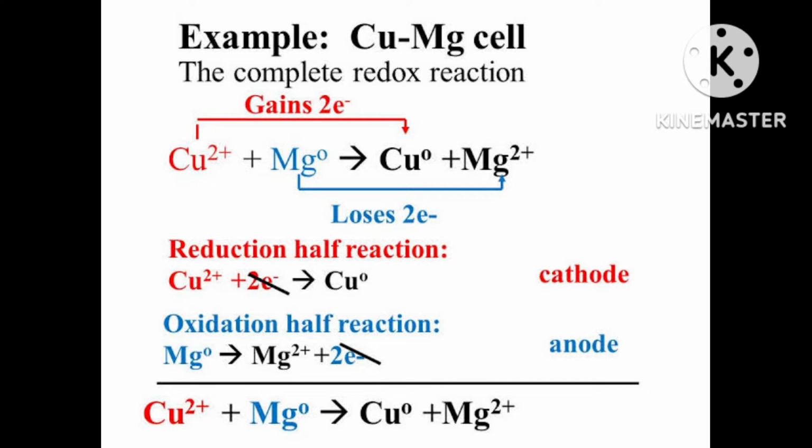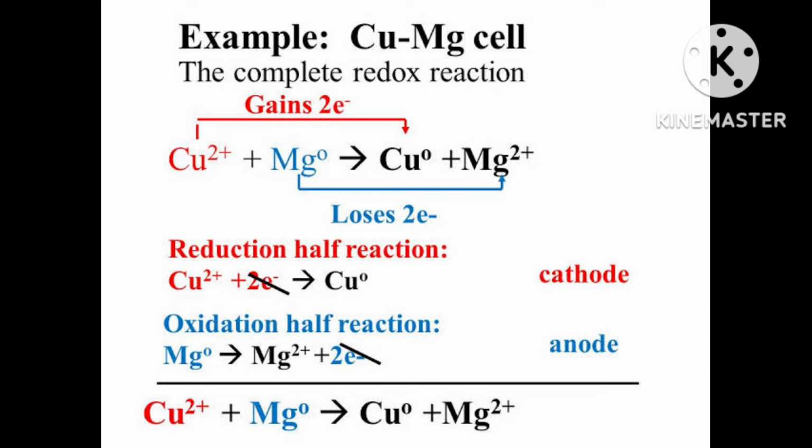Write Zn, arrow sign, and Zn is becoming Zn 2 plus, the zinc ion, Zn 2 plus plus 2 electrons it lost. This process is called oxidation. Zn was Zn metal, now it lost 2 electrons. Then Zn became zinc ion plus 2 electrons.